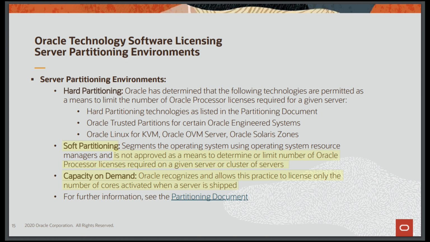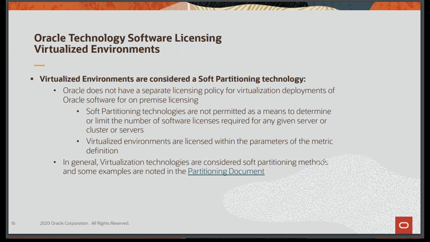If you want to use VMware CPU Affinity to limit the number of cores that you license, obligate for Oracle, that is your privilege. I will say that there are some risks associated with VMware CPU Affinity. Check in at our website to see what those are. And then again, I highlight the partitioning policy document because it is a non-contractual document.